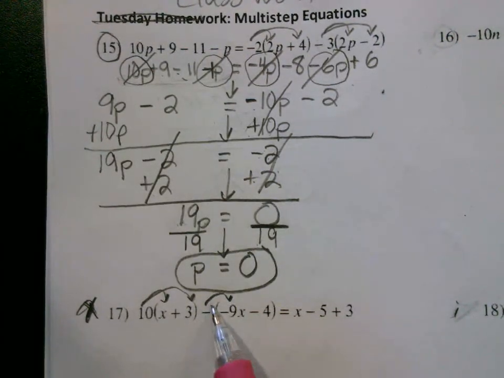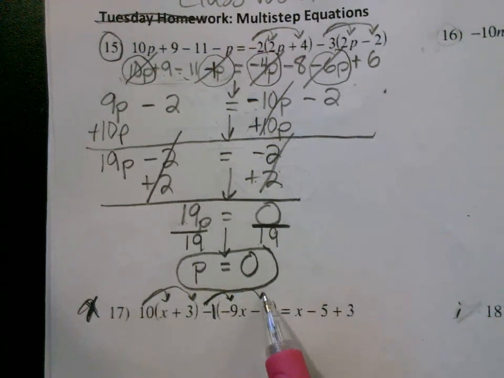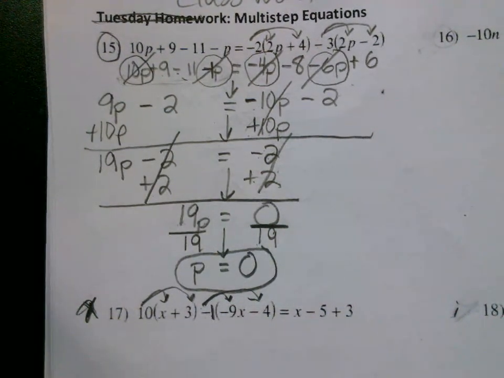Treat this as a negative 1. You're going to multiply negative 1 times both numbers in the parentheses. Distributive property, combine like terms, move the variables to the same side, isolate the variable, just like we did in 15. I'm going to pause to give you a chance to do number 17 on your own, and then we're moving on.